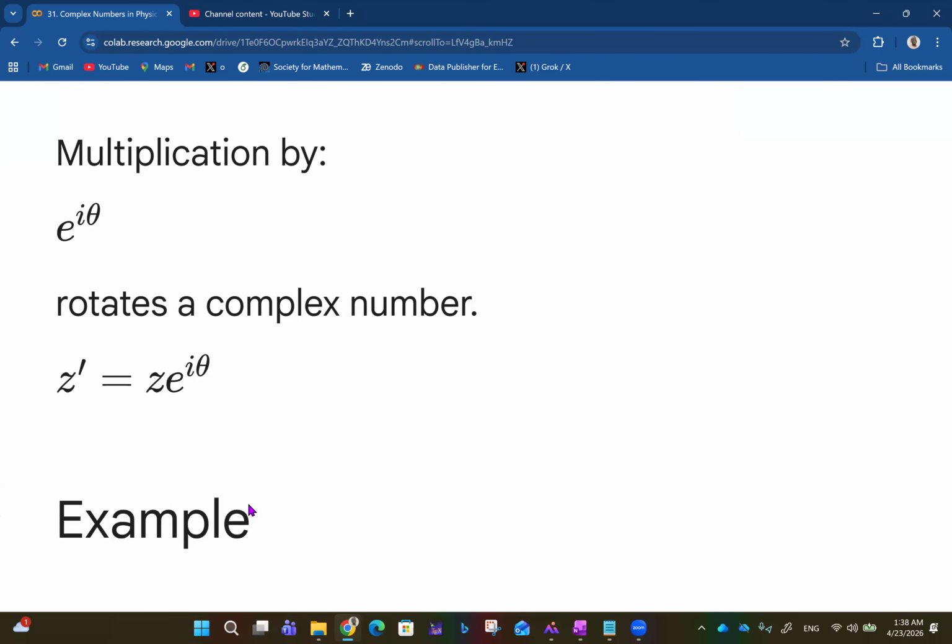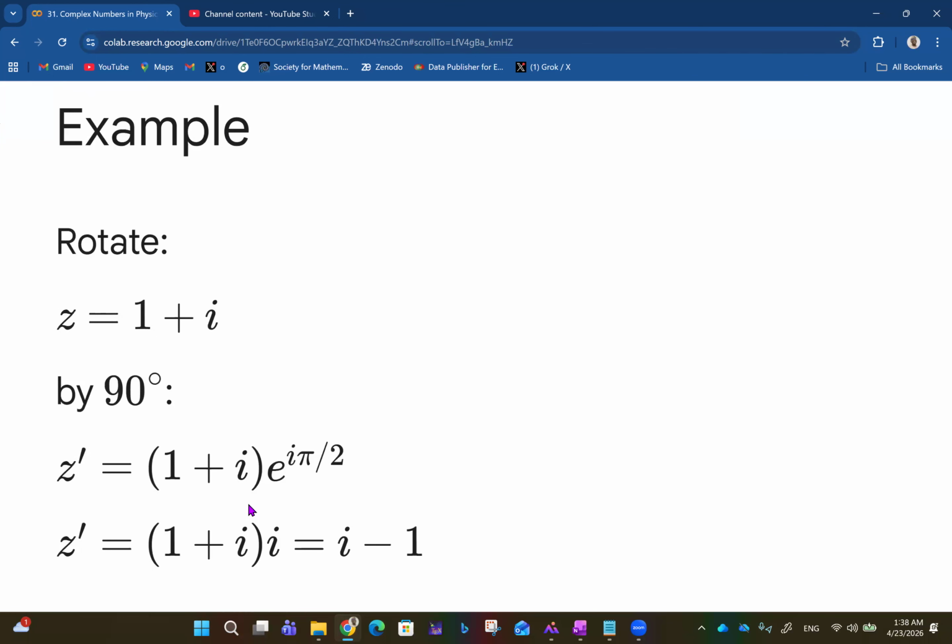So it rotates it. A good example of that is when you have z equals 1 plus i. Rotating by 90 degrees, you have z prime equals (1 plus i) e raised to i pi over 2.